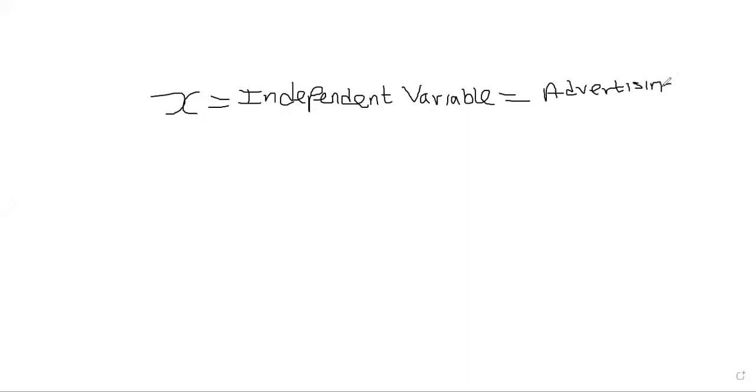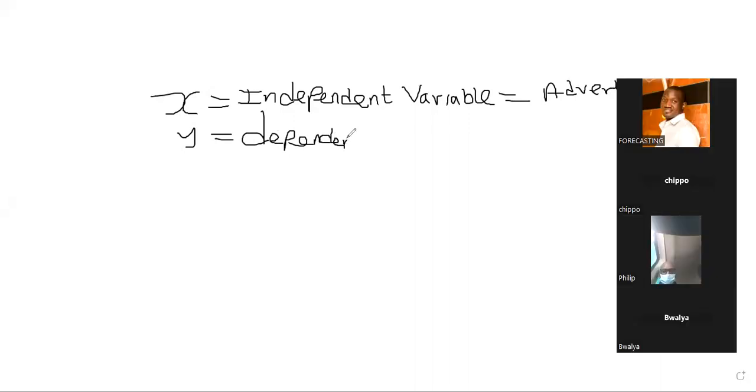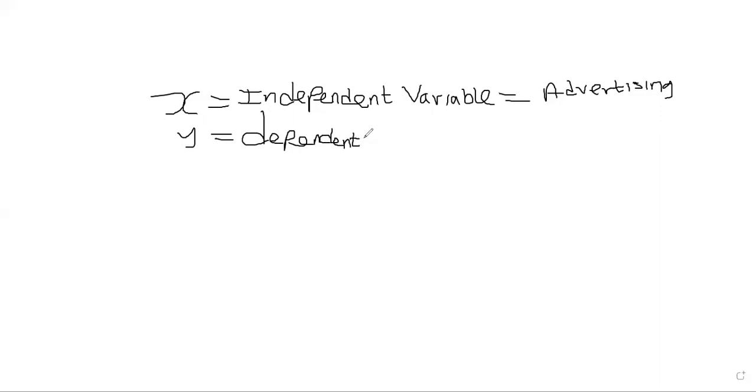Then we have the other variable, which is the y variable, called the dependent variable. So what we are trying to say here is that this variable depends on our x variable.